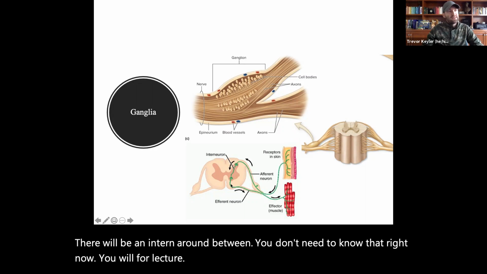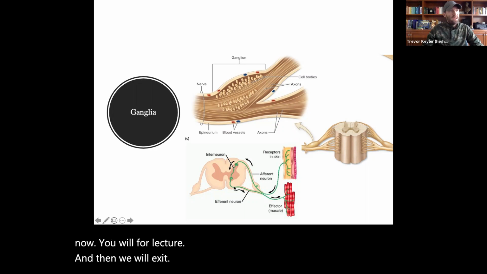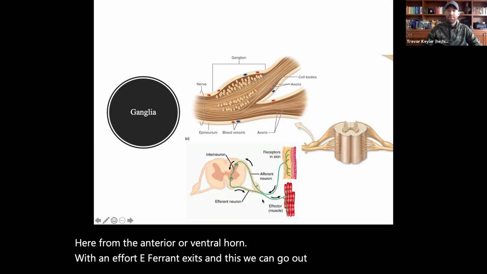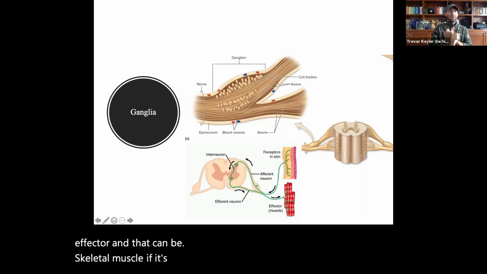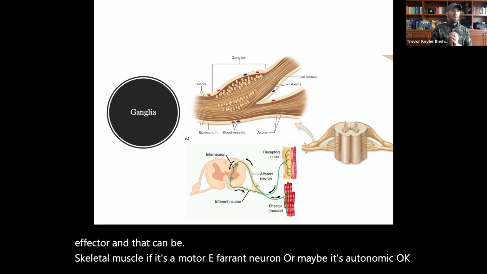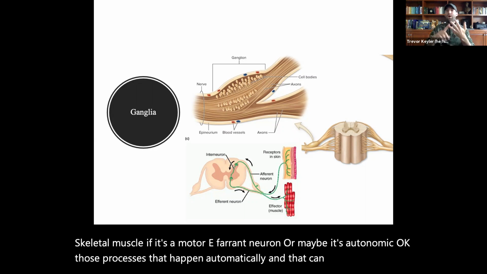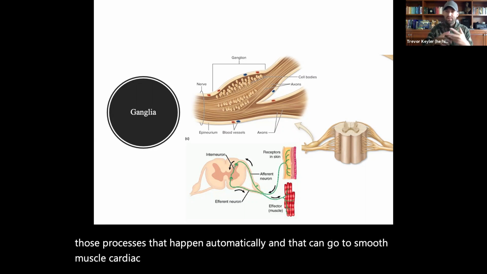And then we will exit here from the anterior or ventral horn with an efferent. Efferent exits. Okay? And this can go out to some type of effector, and that can be skeletal muscle if it's a motor efferent neuron, or maybe it's autonomic, okay, those processes that happen automatically, and that can go to smooth muscle, cardiac muscle, or gland to bring about some type of effect.